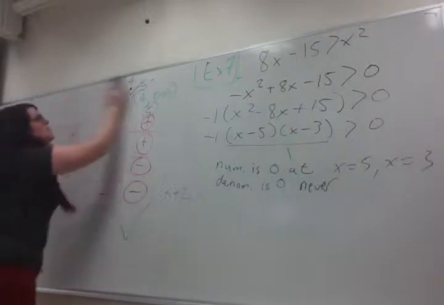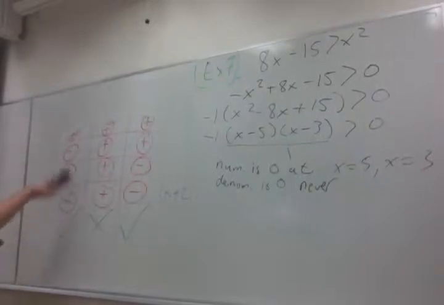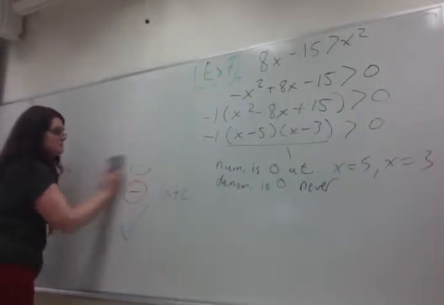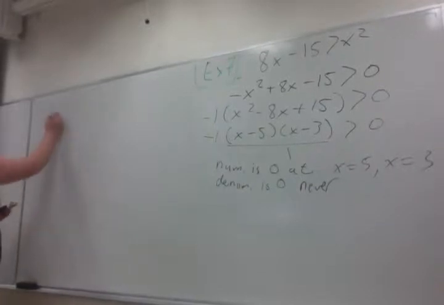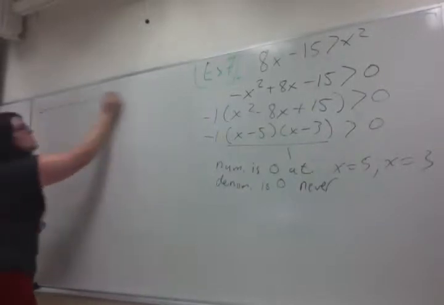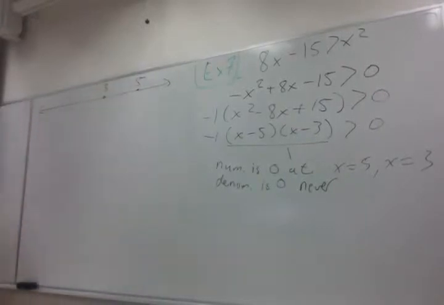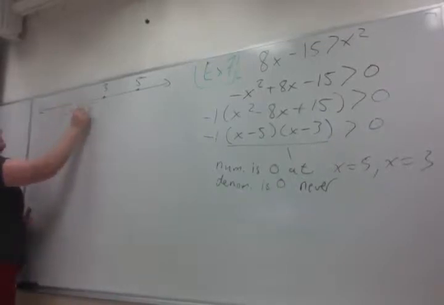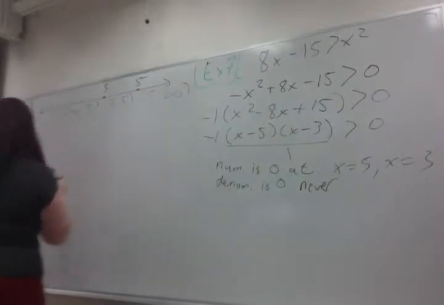So, in this situation, the points we're going to use to divide up our number line are going to be 3 and 5. Here's the number line, 3, 5. The intervals are going to be negative infinity to 3, 3 to 5, 5 to infinity.